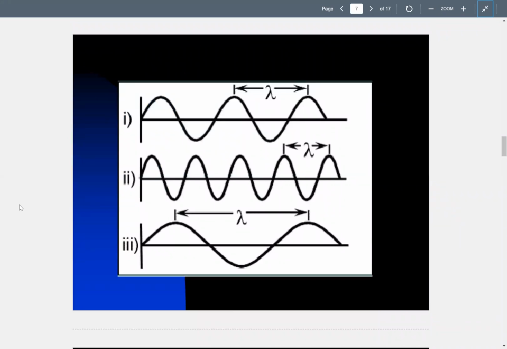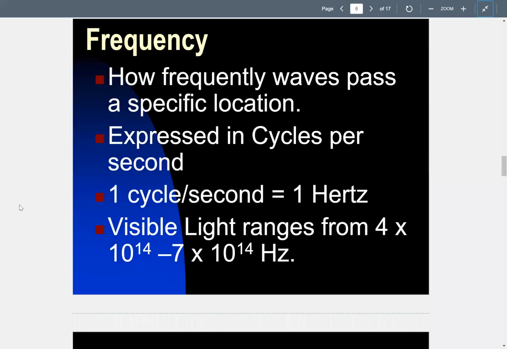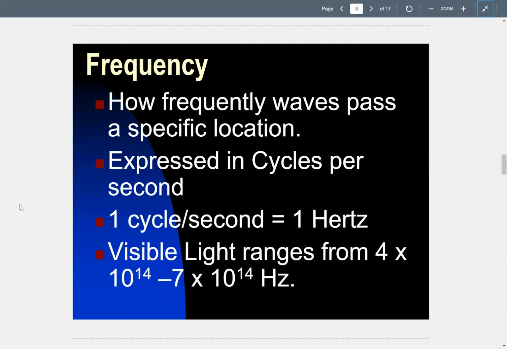So there you go. And then we have what's called frequency. As you can imagine, the frequency of the light is going to be slower the longer the distance between the peaks is, and faster the shorter the distance between the peaks. So if you have a really long wavelength, you have a very, very low frequency.